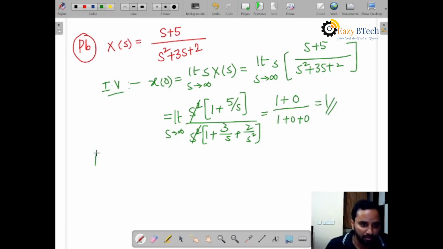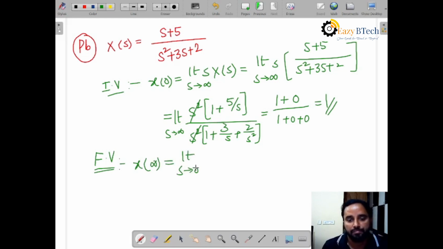And the final value, how to do the final value? X of infinity is equal to limit s tends to 0 of s into X of s. So as it is, we write X of s, which is s plus 5 by s square plus 3s plus 2.